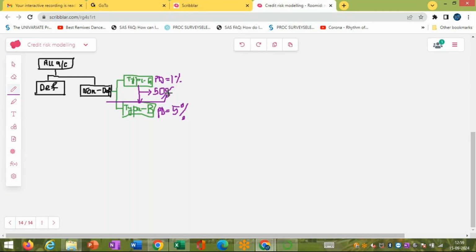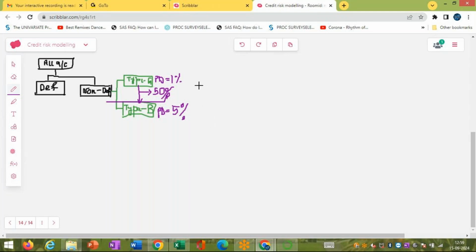So there is a 50% chance of a customer from type G to roll down to type B, from good to bad. Now the question is, how is it that I will try to find out the seasonal curve? What should be the direction of the seasonal curve, right? So that is what we want to identify.